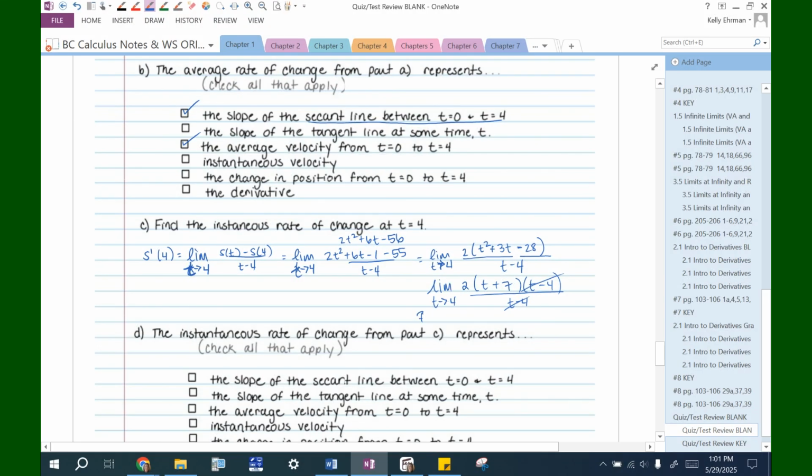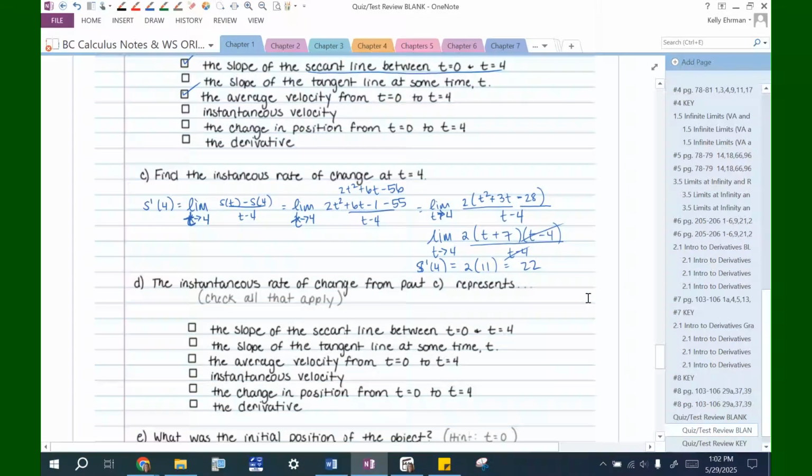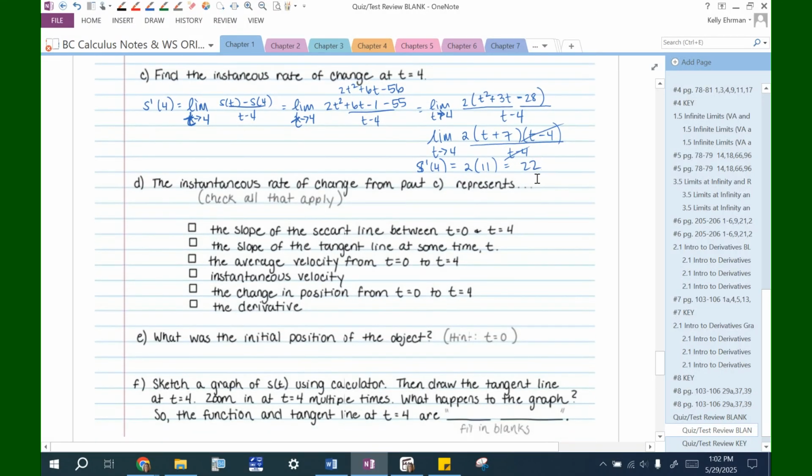Okay, so s prime of 4 is equal to 2 times 11, 22. And again, no labels on this because there's no context to this problem. So that number we just found, the instantaneous rate of change from part C, is the slope of a secant line? No. Slope of a tangent line at some time t? It's not really at some time t, it's at t equals 4 specifically, so I'm going to say no about that.